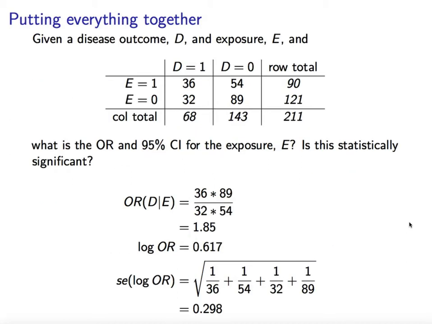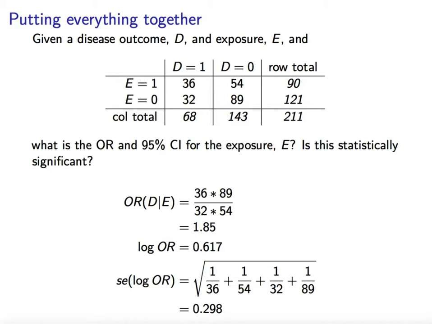Now, let's use what we've learned and go through an example. Let's say that we are interested in measuring the effect of STIs on HIV acquisition. So does having an STI make it more likely that you will get HIV? I've made these numbers up off the top of my head, but having an STI does significantly increase your risk of getting HIV when you're exposed to it. So here is our table containing the results of our pretend study.